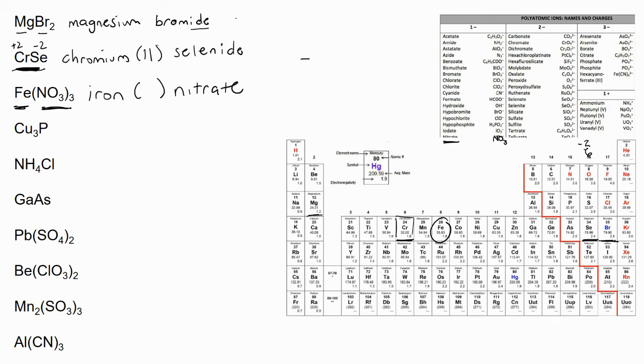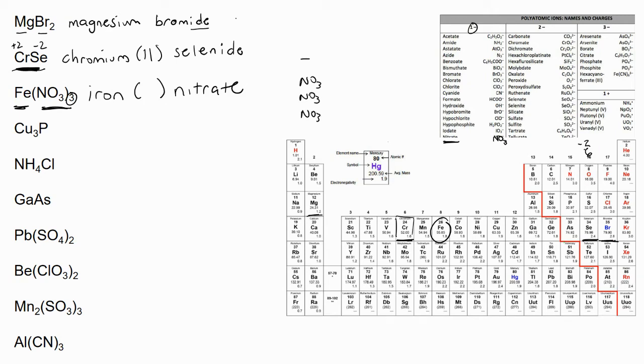Okay, and then our last step is to figure out what goes inside of the parentheses for our Roman numerals. Again, we're going to look at the anion first in order to determine that. Nitrate is NO3, and it's a 1- polyatomic ion. But the catch is that because of this 3 here, there are 3 of them present. So we have NO3, NO3, NO3.